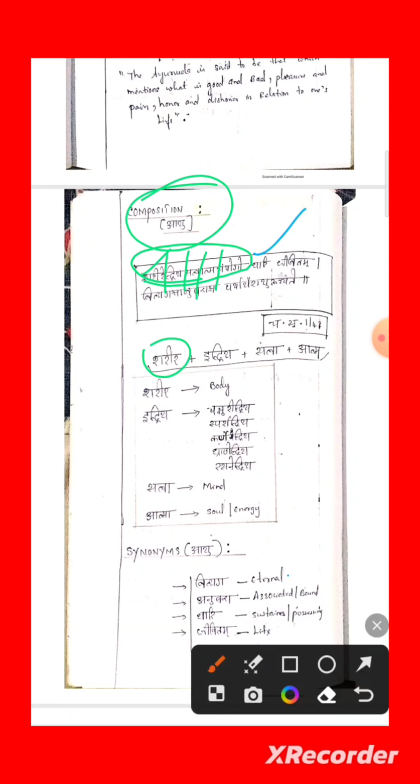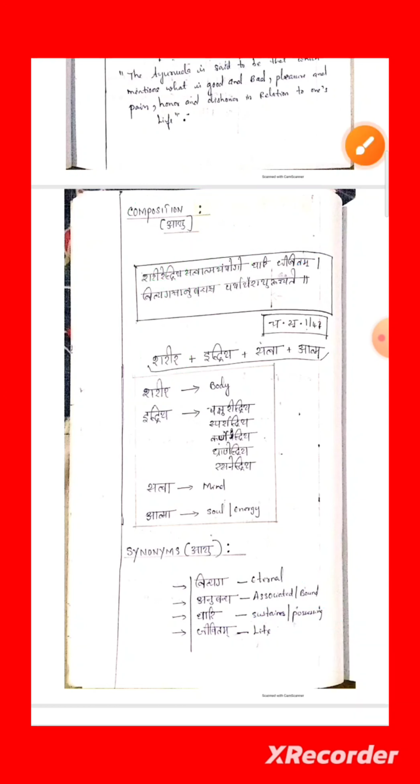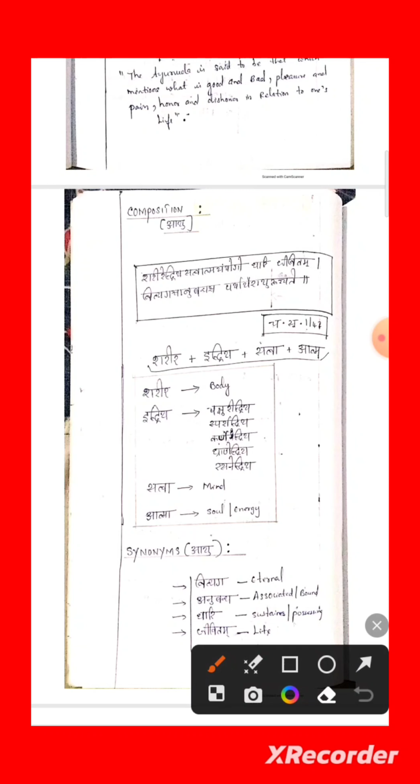Dhari, which means sustainer or possessor, somebody who has it. Jivitam, life. And then Nityaga. Nityaga is eternal, right? All these are energies. Energy cannot be created nor destroyed. So it's always eternal. Nityaga.